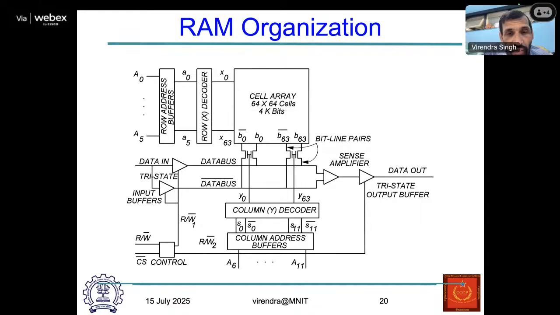But memory provides very limited functionality. It can store value 0, it can store value 1. If I want to write onto this, you can change it from 0 to 1, or from 1 to 0, right? These are the total functionality it provides.